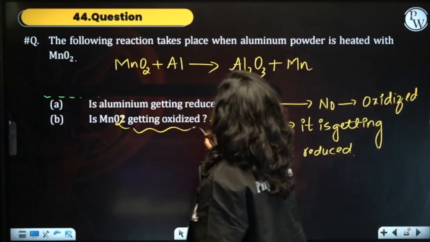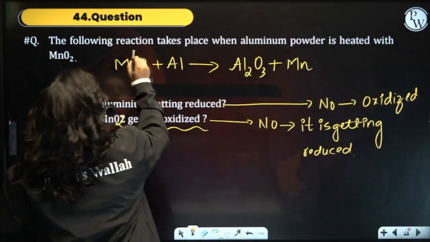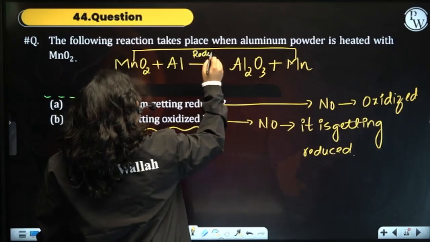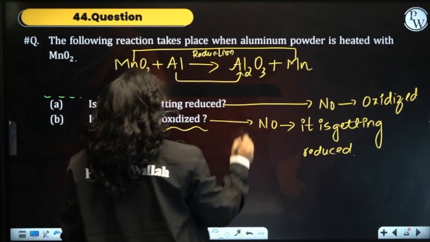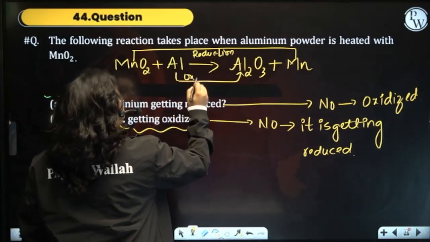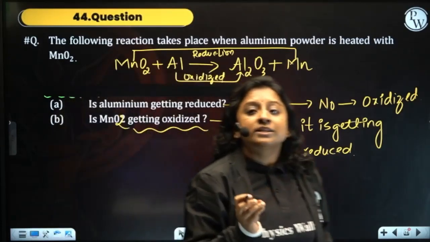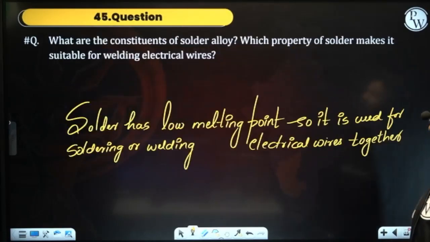Losing oxygen is called reduction, so MnO2 to Mn is reduction. Aluminium is oxidized, not reduced, because for aluminium oxygen is added.